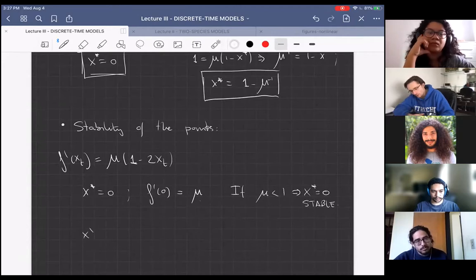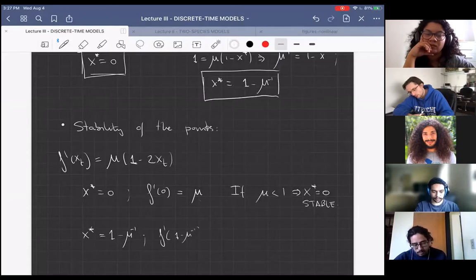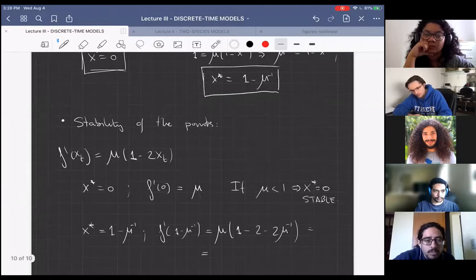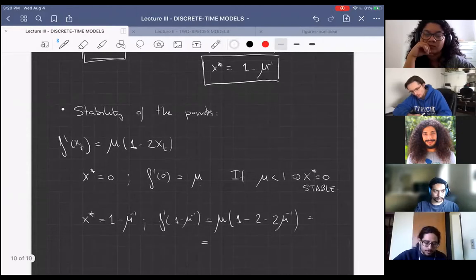But we have another fixed point, which is 1 minus 1/mu. F prime at that point is equal to mu times (1 minus 2 times (mu minus 1)/mu), and this is basically 2 minus mu.